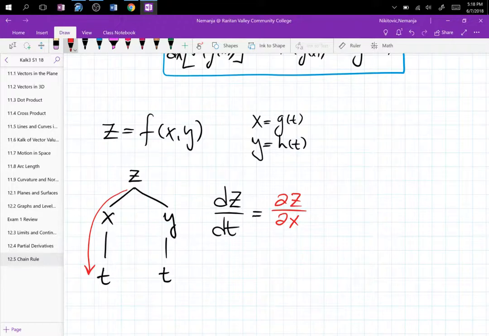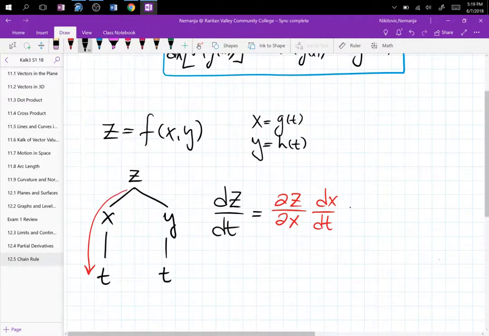And now to go from x into t is a straight through, only one variable, therefore we can use the regular derivative dx dt. You wouldn't be wrong if you put partial in there, but again, you know.